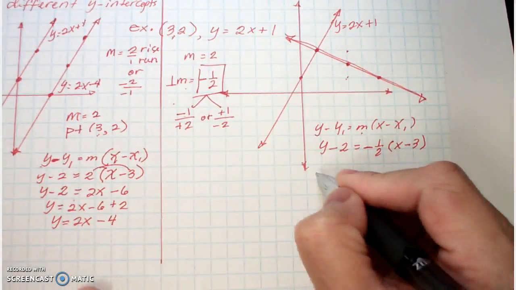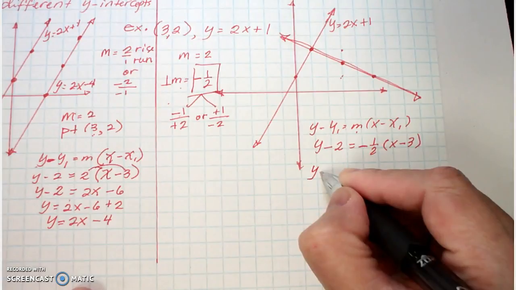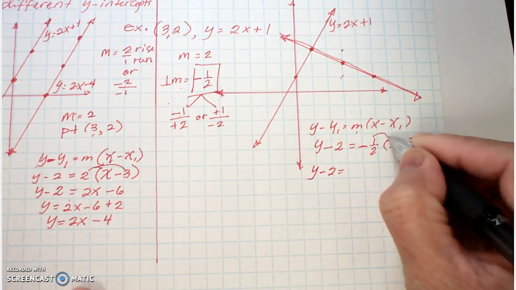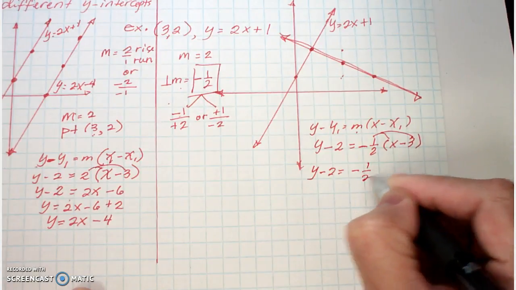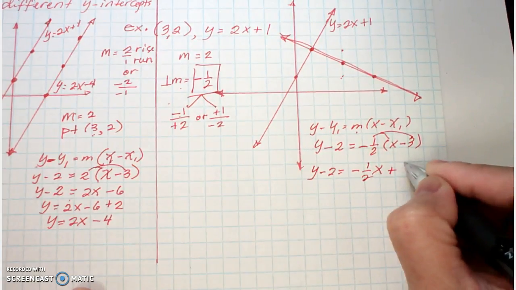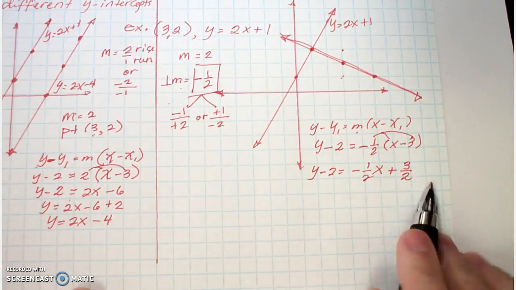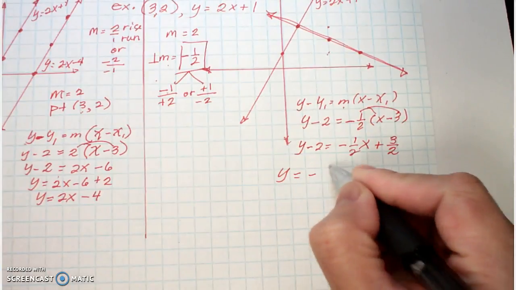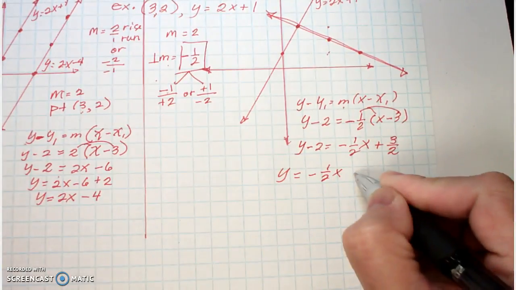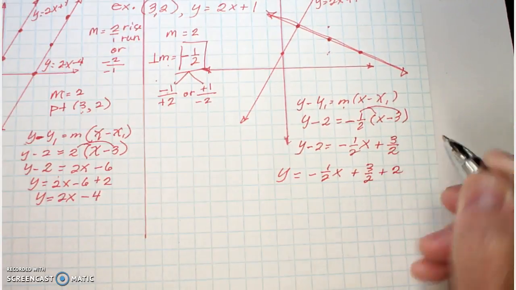So now your y minus 2 is now equal to, you will distribute, so you will have negative 1/2 x plus 3 over 2. If you want to move that to the other side, then it will become y equals negative 1/2 x plus 3 over 2 plus 2.